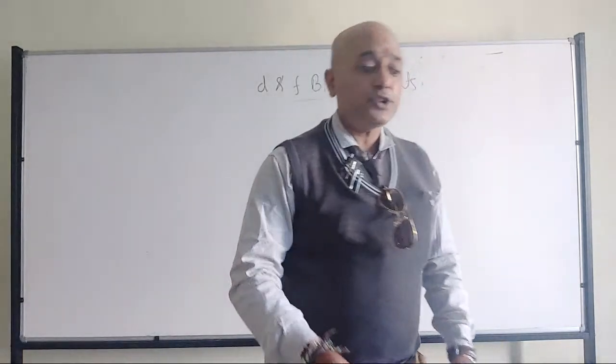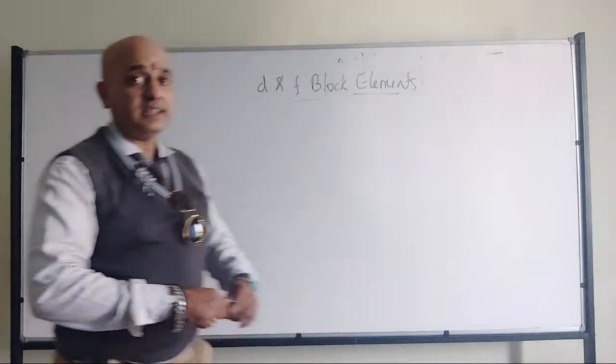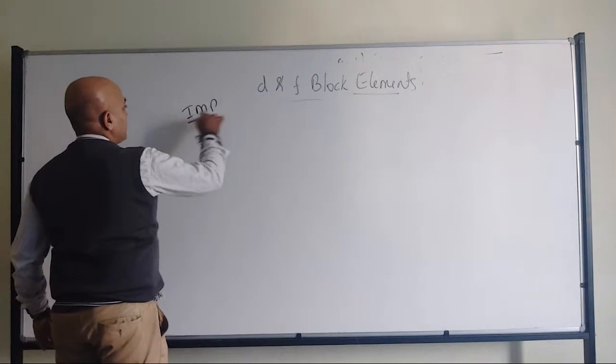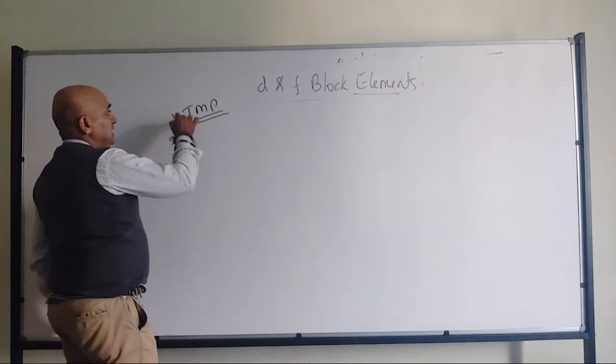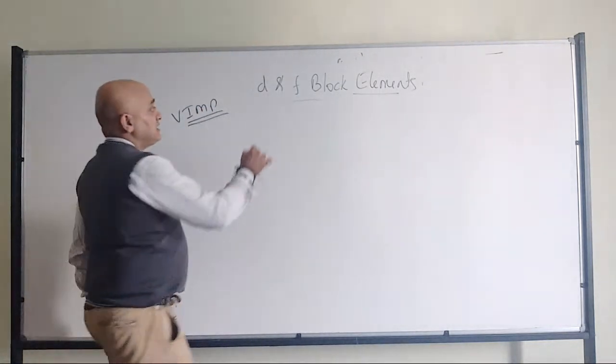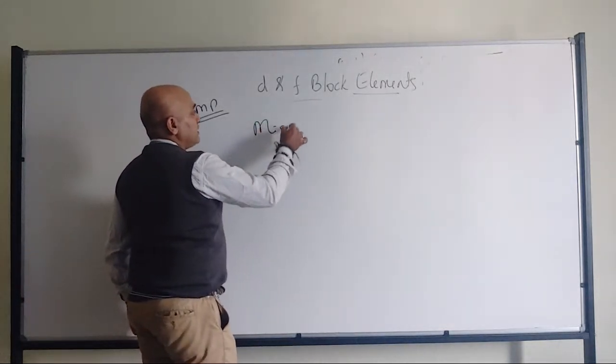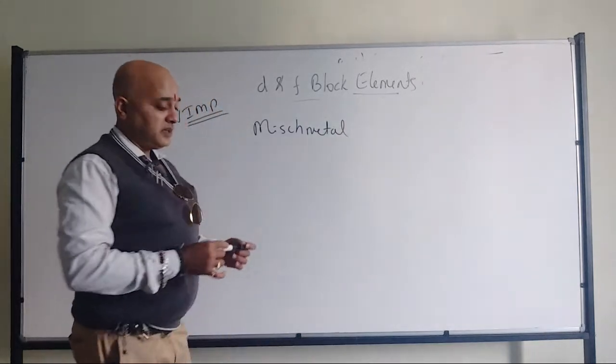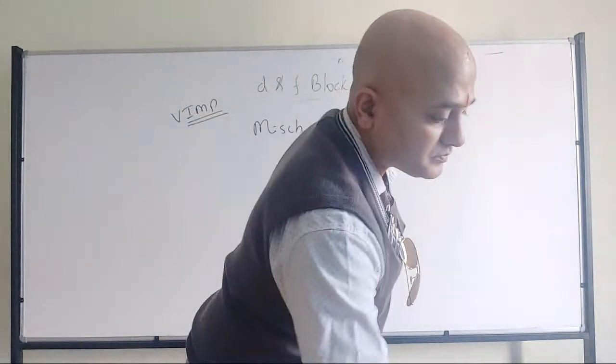In the application we have one of the important things, related to alloy. I can say even very important: that is nothing but mish metal. I am talking about mish metal.